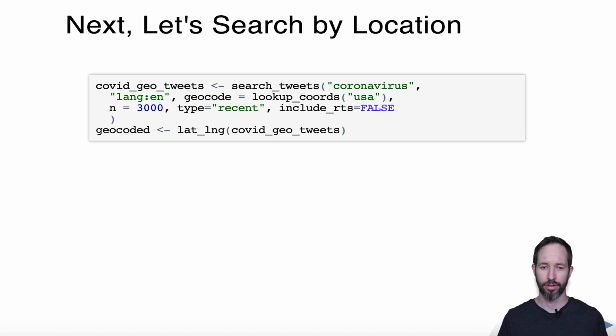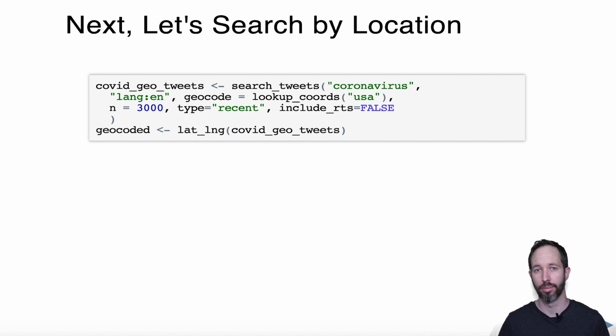Let's do that same search for coronavirus. This time we're specifying only tweets in English. We're going to try to look for tweets that are in the US, and we're going to look for only original tweets and not retweets. You might also notice an argument there, type equals recent. rtweet allows us to search for either recent tweets, the most recent tweets available, or popular tweets, those that are retweeted the most.